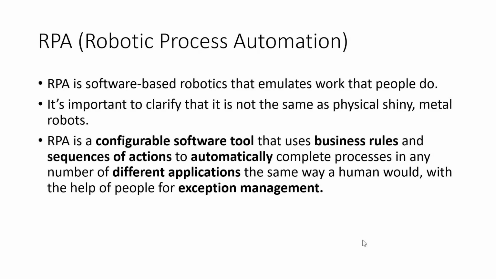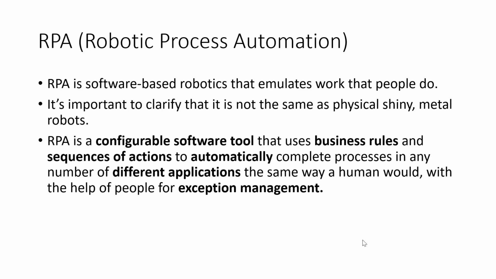Once we develop the bots, we can run them automatically. So here we say automatically complete processes. We can schedule the entire bot to run automatically in any number of different applications.